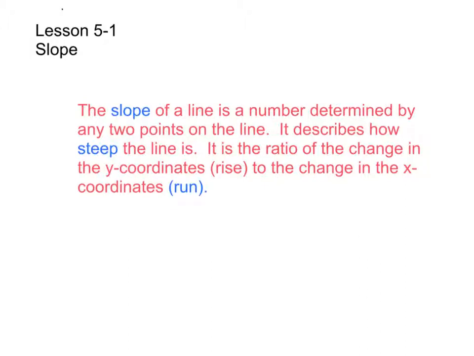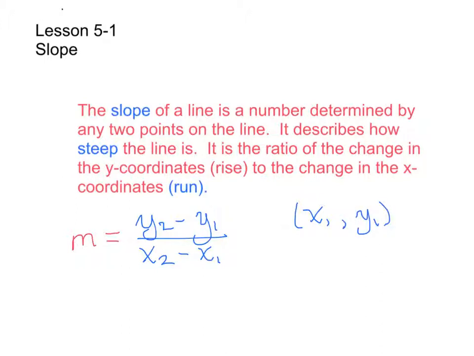So there is a formula that we can use to find slope, and the formula looks like this. m is equal to the change in the y-coordinates, y2 minus y1, over x2 minus x1. This is for any 2 points, (x1, y1) and (x2, y2).